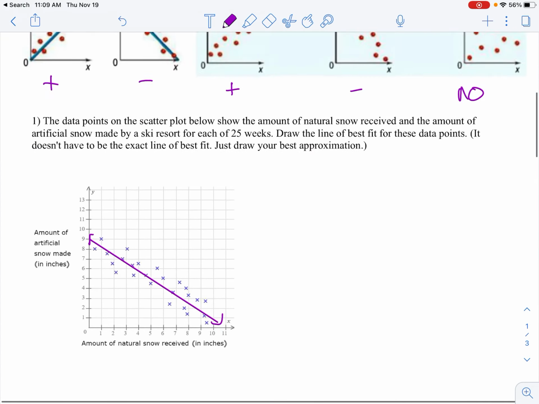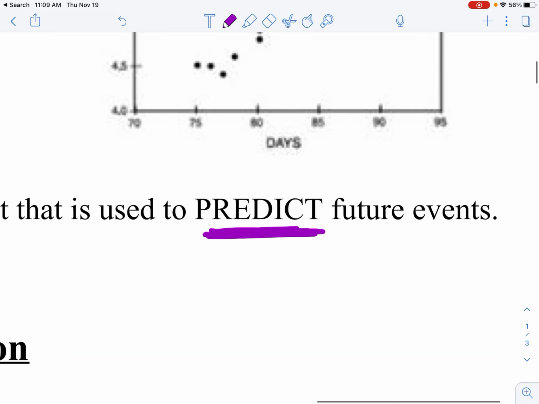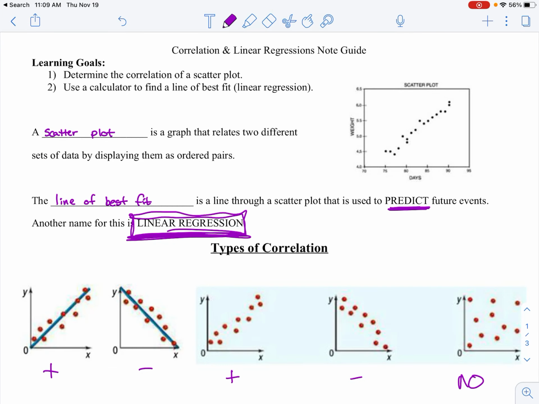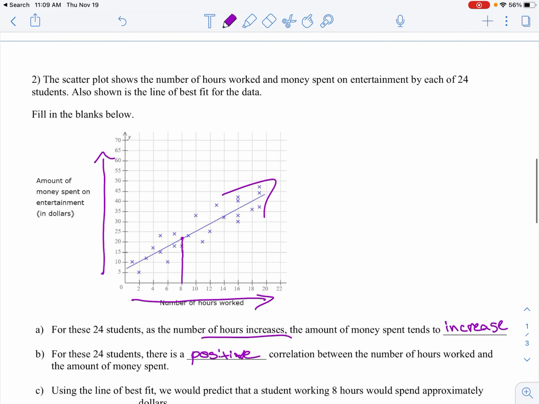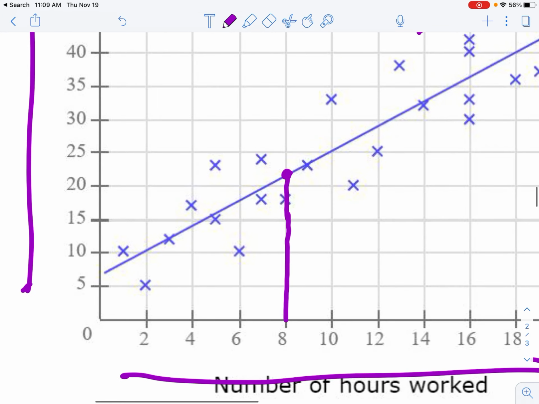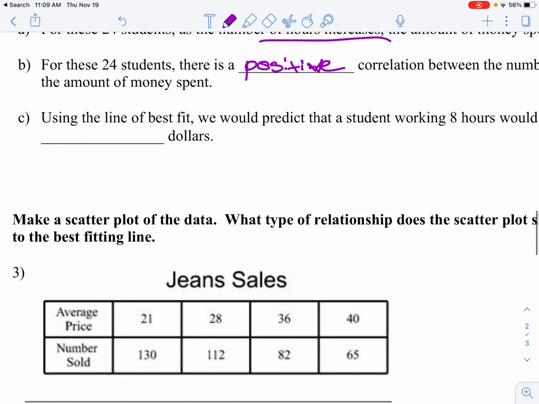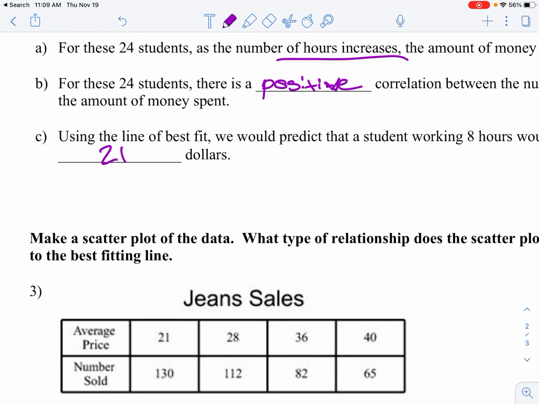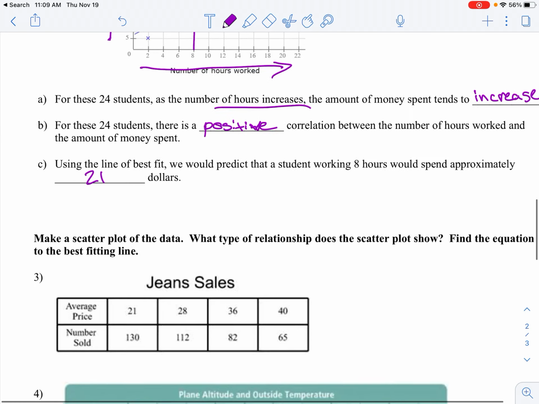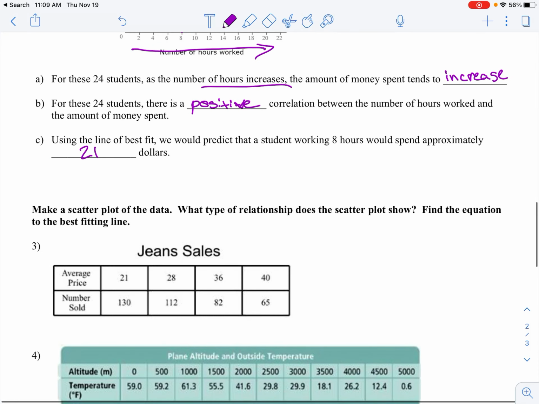That was our big word that I underlined right here. Predict on your line of best fit. Our line of best fit would be a better prediction. So I think it would be closer to 21 or 22. I think I'm going to say 21. $21 is what the average student would spend there.